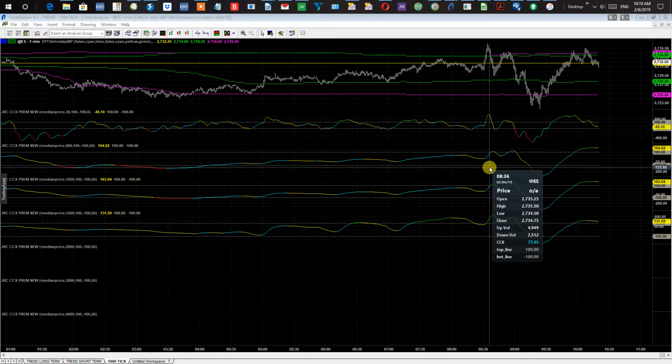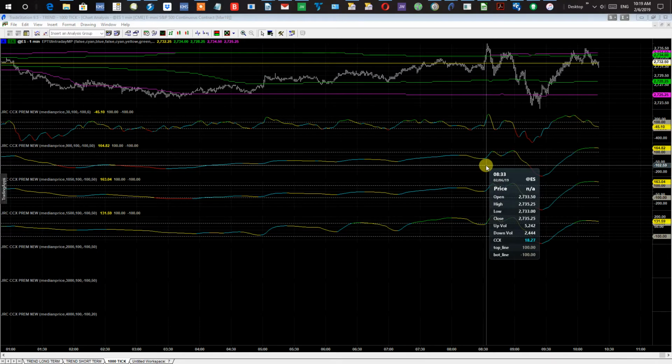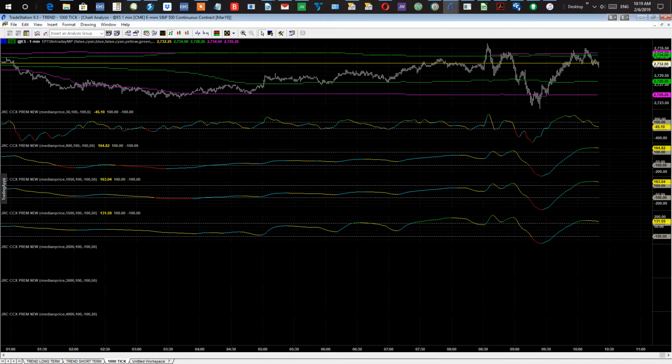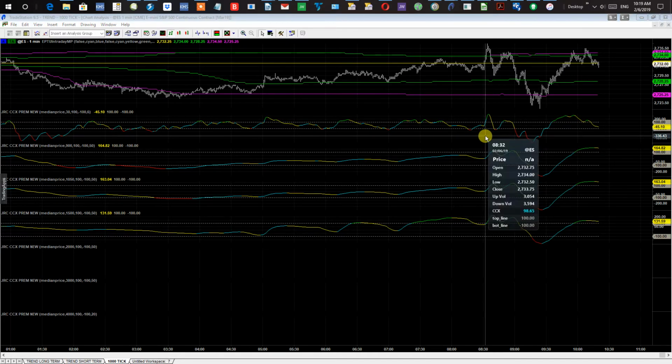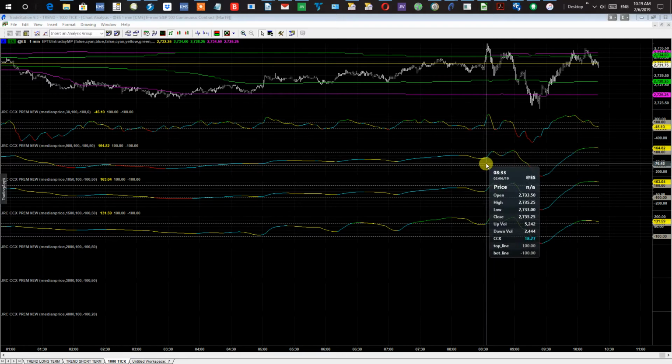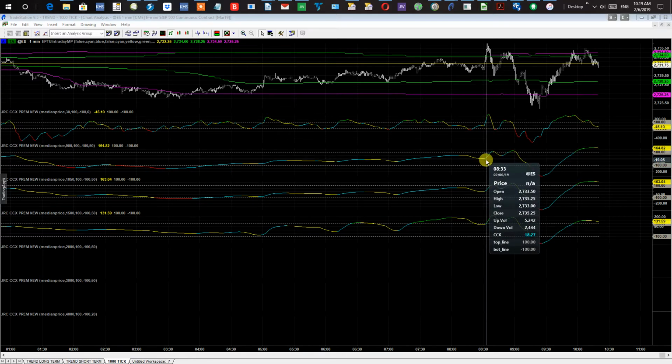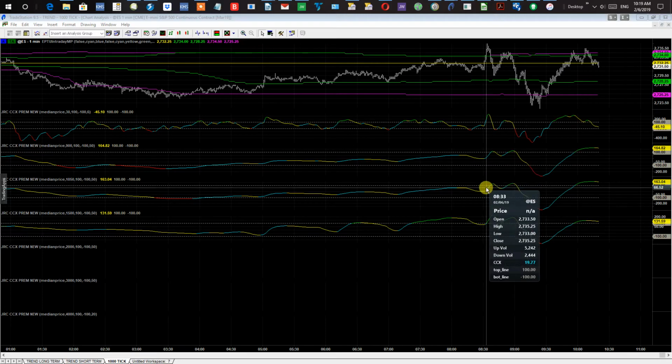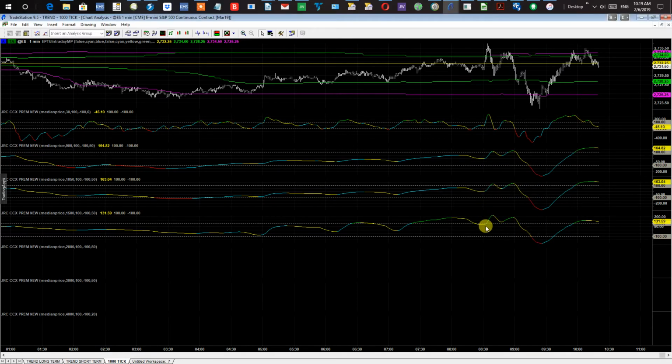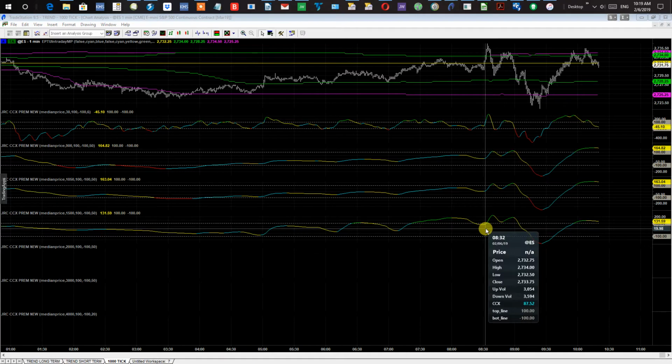But that wasn't quite happening the way I expected it to. Here we were moving above 100 on our faster setting, but we were still way below that on the 900 and the 1000. But then I noticed that wasn't the case on the 1500.